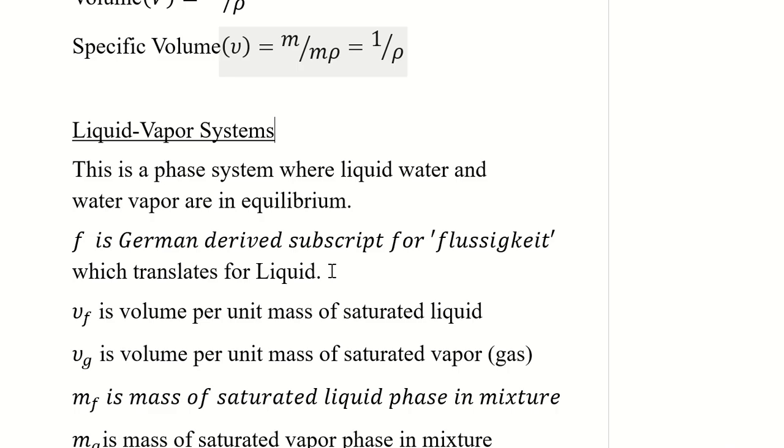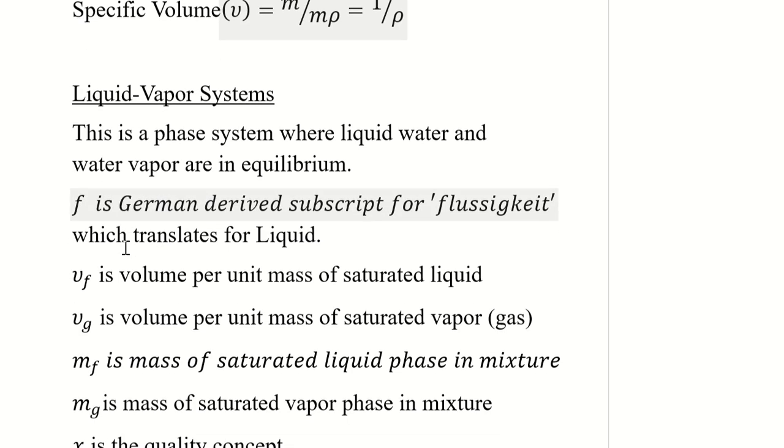Though these are two different phases, they share the same pressure, because the pressure from the walls of the container and from the atmosphere is all equal, and they are at the same temperature. But the two phases do have different volumes: there's the volume that is occupied by the liquid and the volume that is occupied by the vapor. We shall look at that in detail throughout the video.